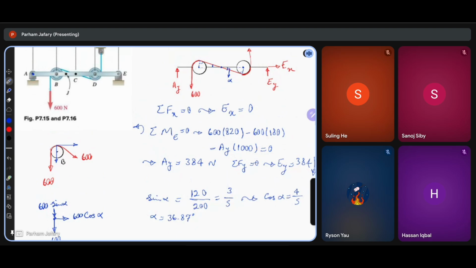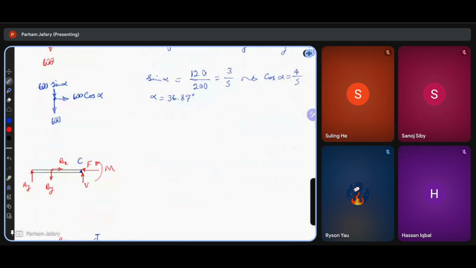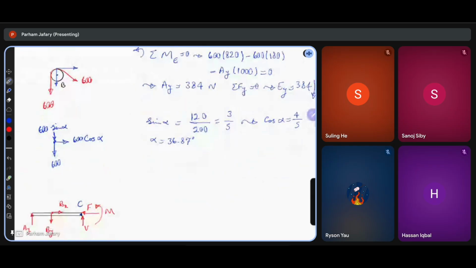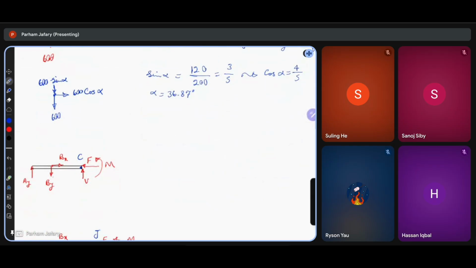So this pulley, basically, it has a force here as well. And we're modeling that on the rod. Okay? So after that, at point B, I have By and Bx. Bx is equal to 600 times cosine of alpha, and By is the summation of 600 plus 600 sine of alpha.